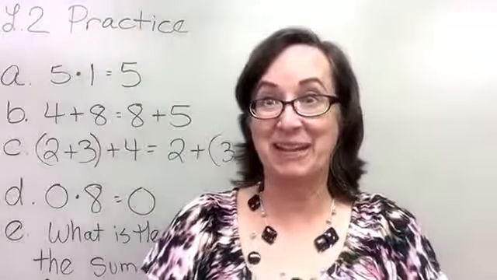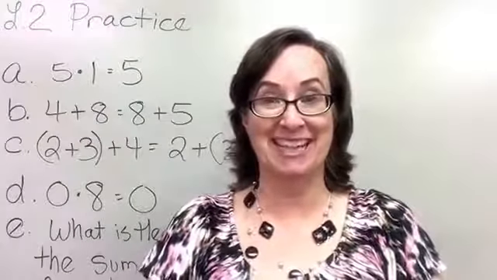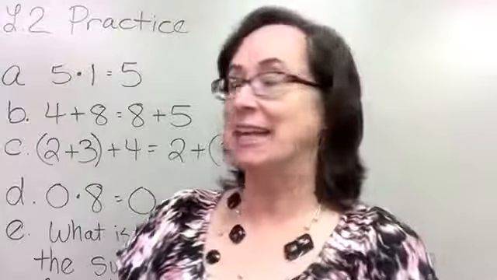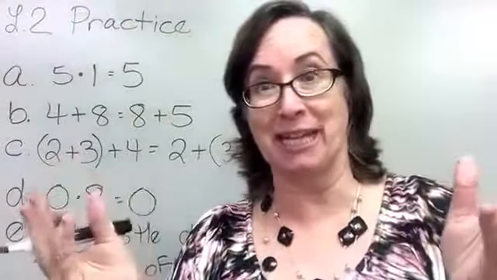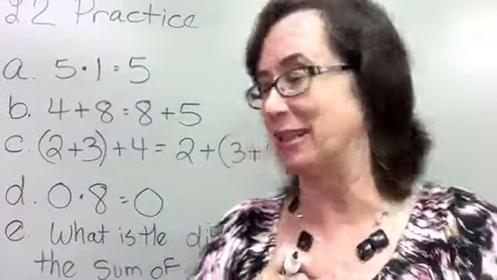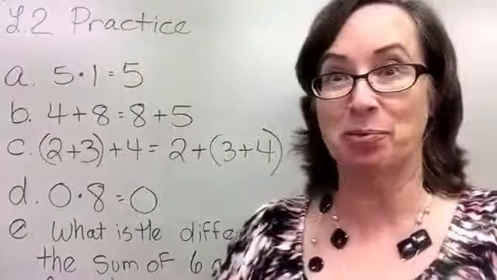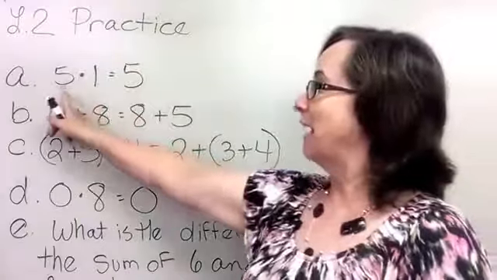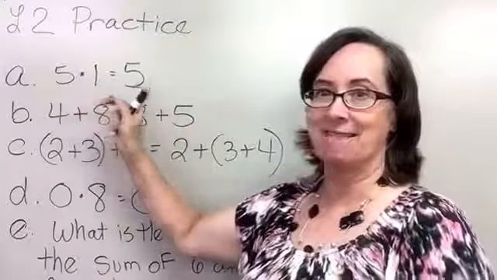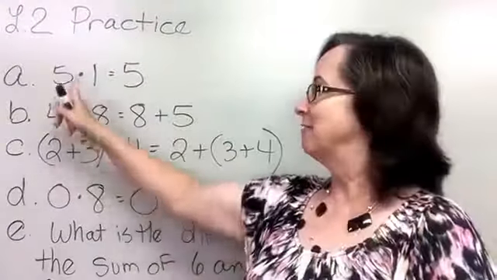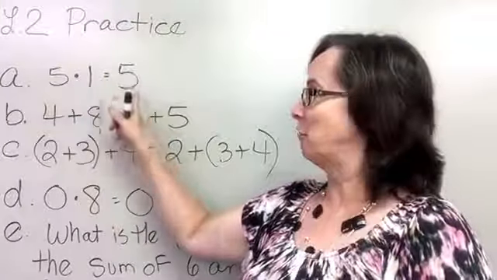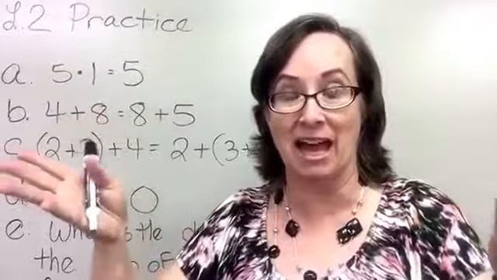All right, so here we have some practice problems for lesson 2 of pre-algebra, and we're going to try to name that property. Instead of name that tune, we're going to name that property. So we have 5 times 1 is 5. All right, what's our hint? 5 goes to bed, 5 wakes up, he's still 5.